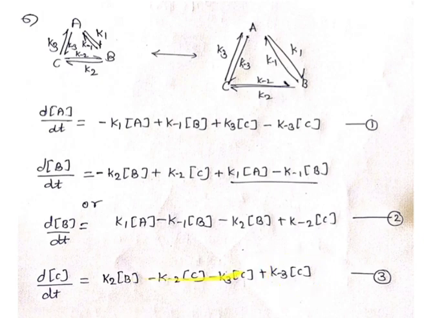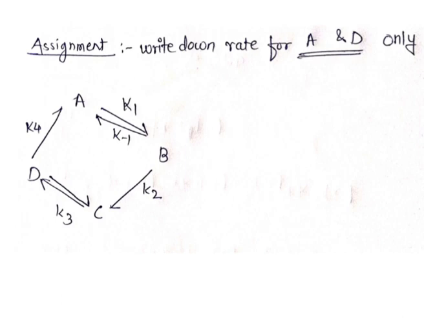Here all the terms are correct, but instead of C, in the last term you can write down A, because C species is forming from A. That means A decreases, and our rule is the decreasing species is written in this bracket only. So A decreases, so here you can note down A. So please try to solve all the examples and solve this problem.